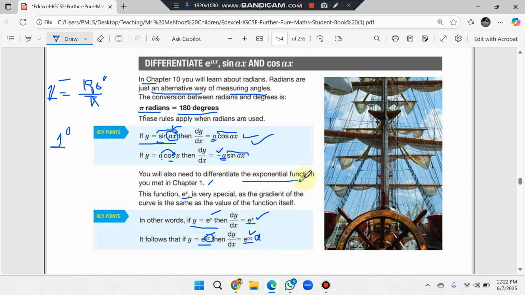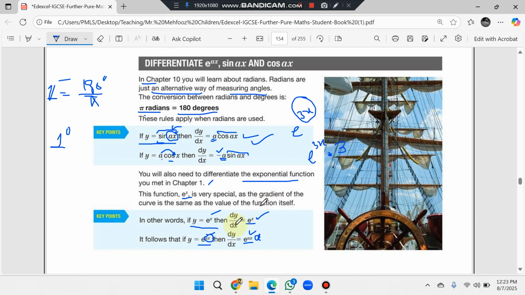Because in the previous method, when I explained to you e raised to the power 3x, when we take the derivative of e raised to the power 3x, it has the derivative e raised to the power 3x, and now which variable is used? That is simply 3x. So what is the derivative of 3x?